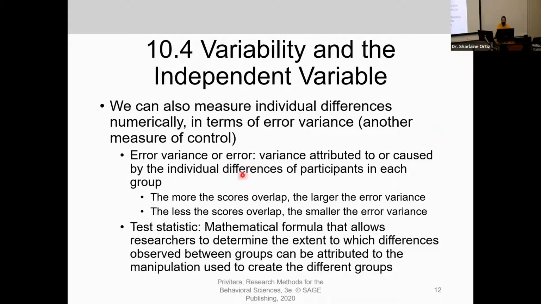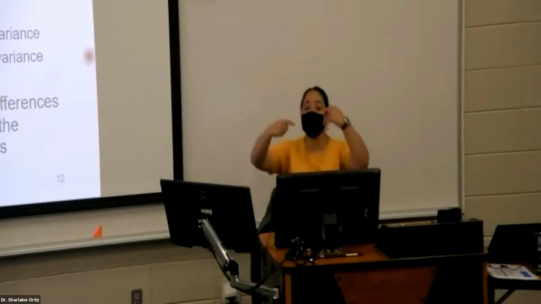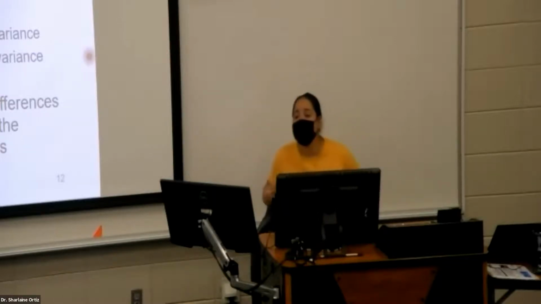If, however, those scores tend to overlap less and less, now we can say there's less error of variance. And because there is less error, I can start ascertaining that the variance came from my independent variable. It came from my manipulation. It didn't come from the differences in my participants.